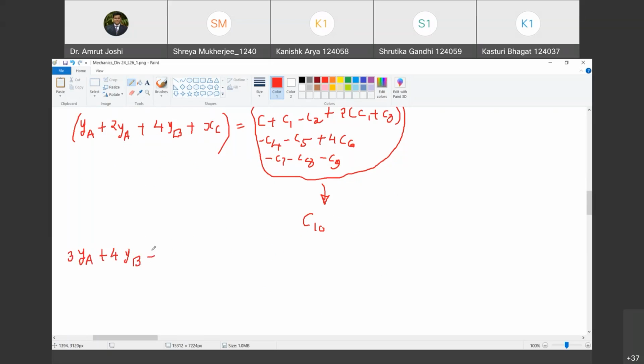Yes, sir. Plus xc. This needs to be constant. Therefore, we call this motion as dependent motion. You can give me independently the values of any two of these coordinates. The value of the third coordinate will be decided using this relation. Do you agree with me? Yes, sir. So therefore, this motion is called dependent motion.